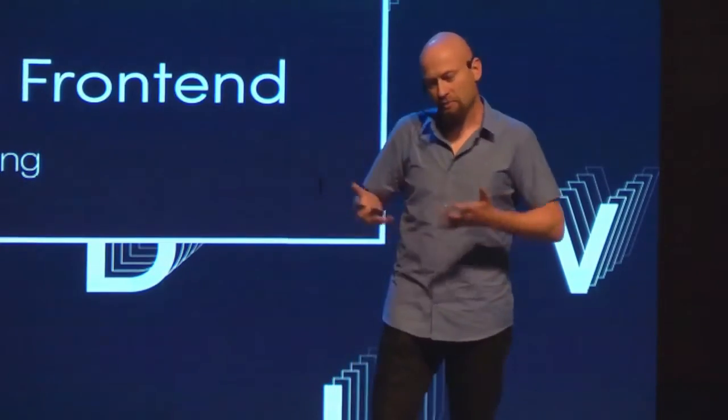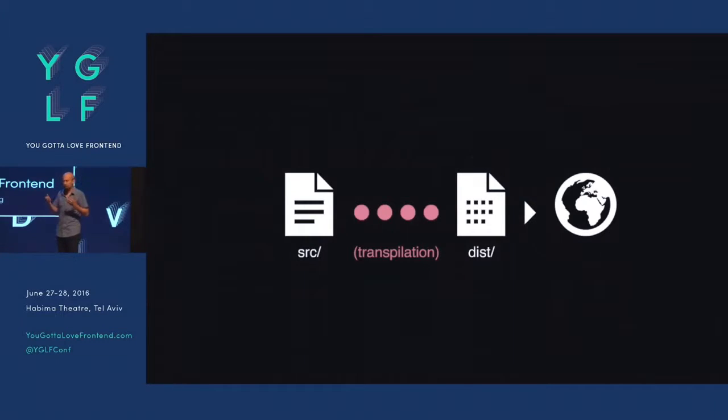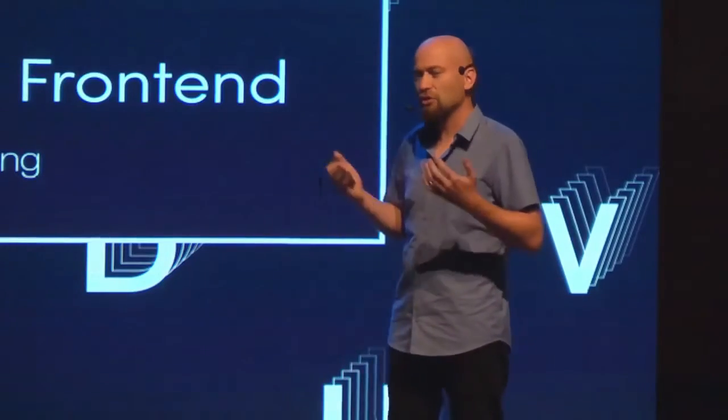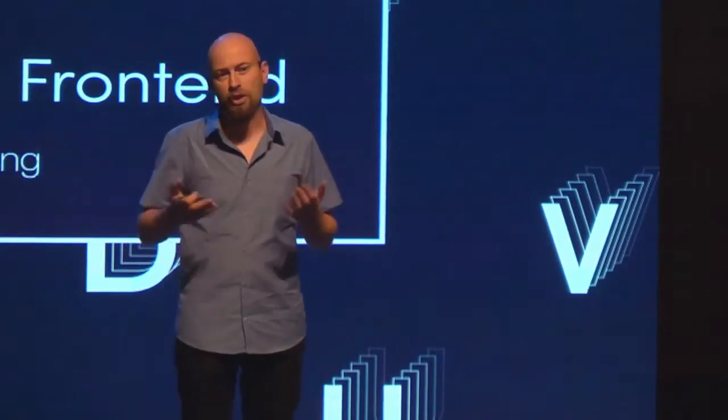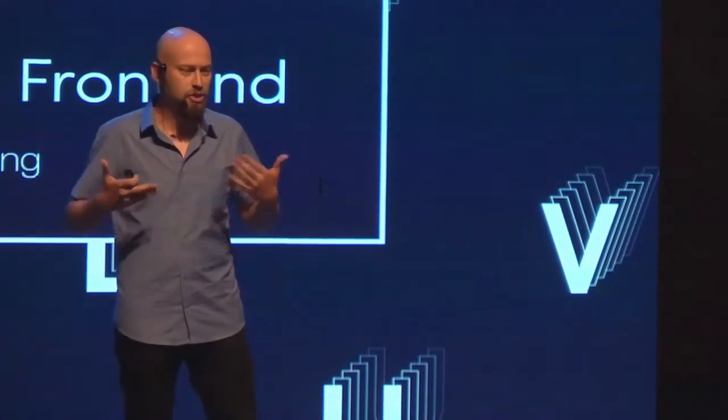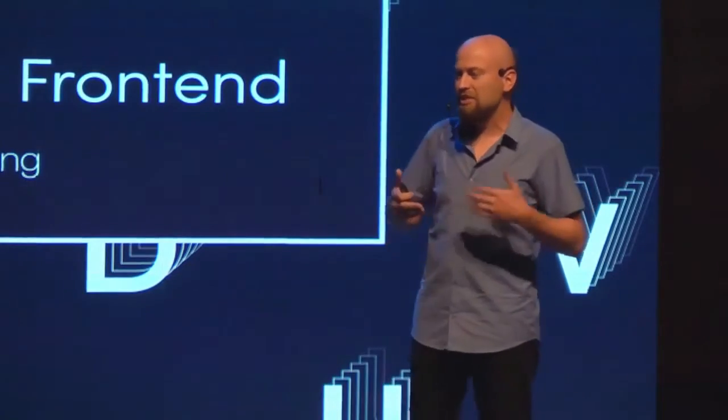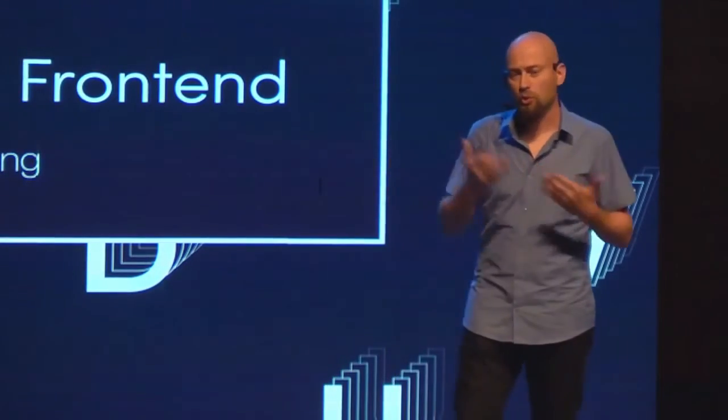Now, it's obvious that there is a gap now, right, between the source that we write and the target which is actually executed in the browser. This gap is the very essence of transpilation, but it's also its major weakness. And everyone who tried to debug transpiled code probably knows what I'm talking about. You have this discontinuity between what you write and what you are executing.